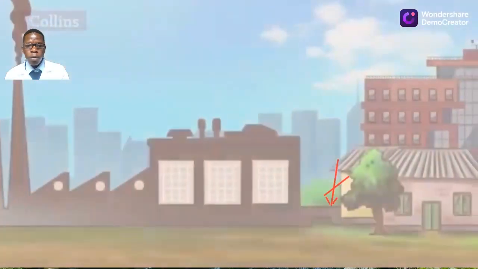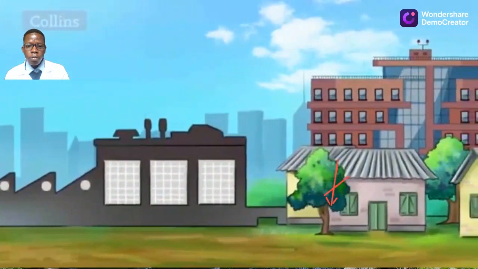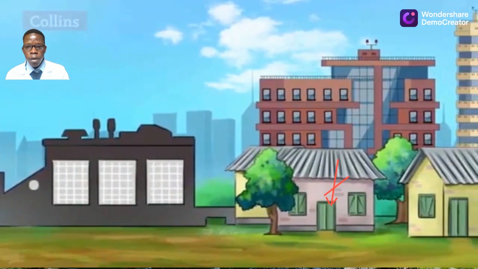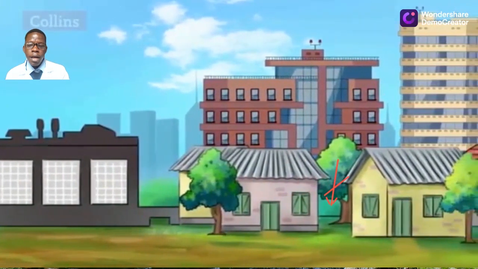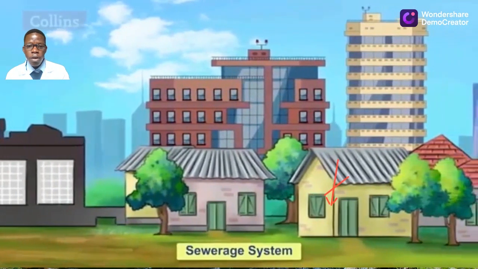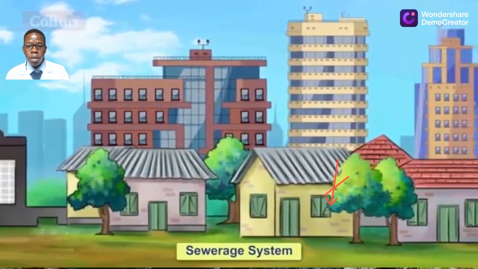So the engineers designed the city, and in the process they put different pipes underground. These pipes, we shall call them the sewers, which are of three main categories. We have the sanitary sewers, the combined sewers, and the stormwater sewers.